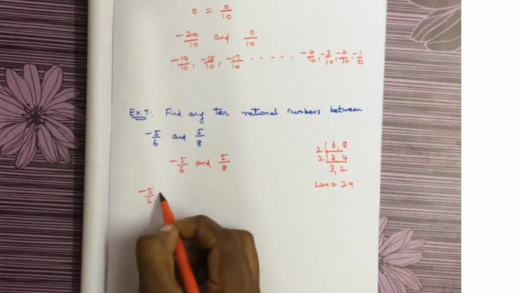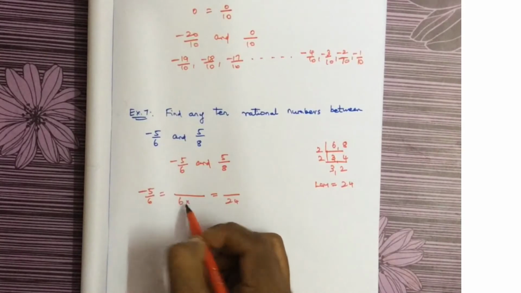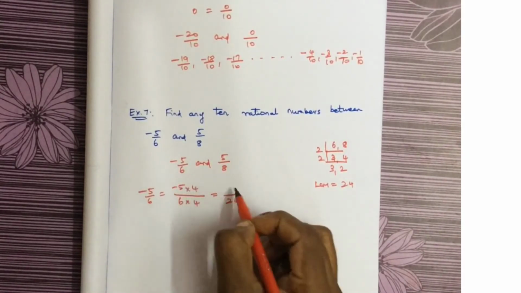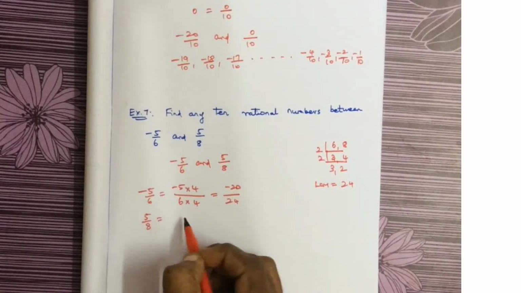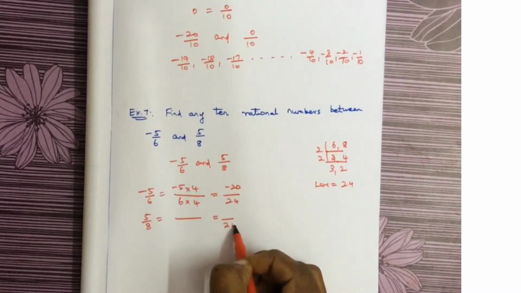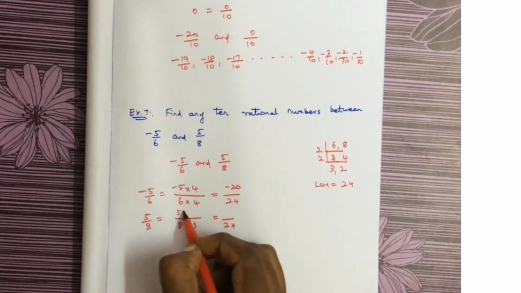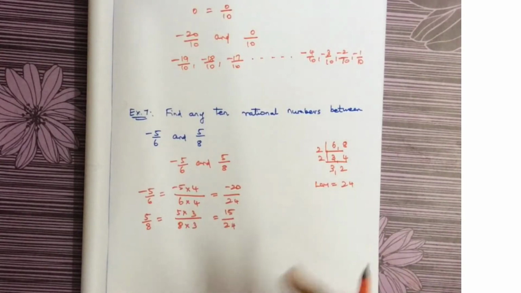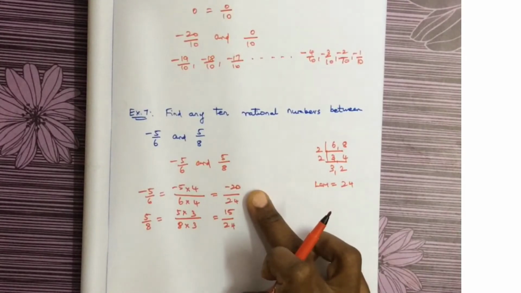Minus 5 by 6 is represented, taking the LCM, as minus 20 by 24. So 5 by 8, the denominator should be 24, so this is 15 by 24. Another here it is minus 20 by 24.